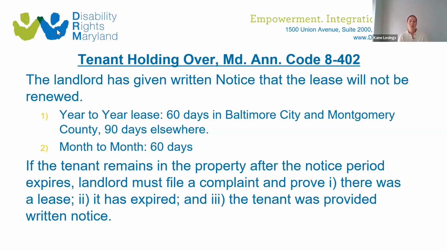But let's say they did get proper notice and the tenant remains in the property after the expiration. So if the notice was, let's say 60 days and the last day of the notice is June 30th, then on July 1st is when the landlord could file a complaint for tenant holding over.